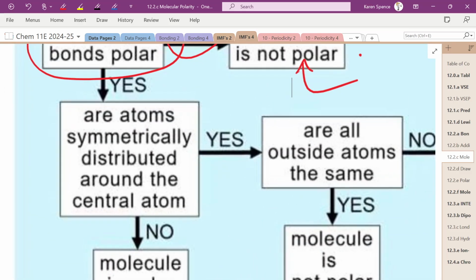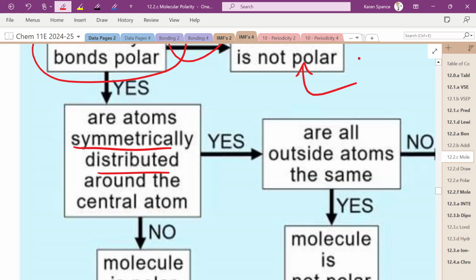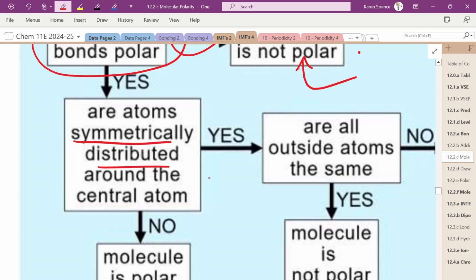Now, if you have atoms that are symmetrically distributed, so that would be any of your trigonal planar, tetrahedral, anything that doesn't have lone pairs. Any of your basic shapes that have no lone pairs, those are all nonpolar.